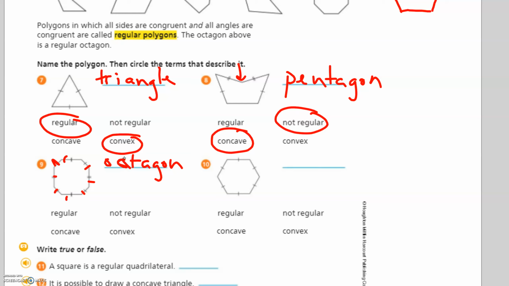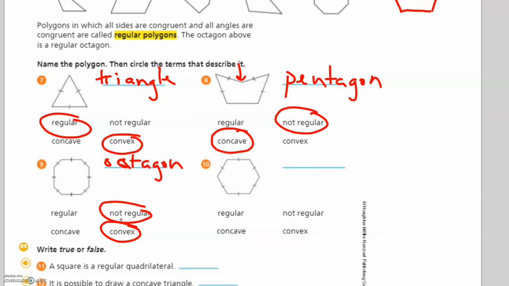And is it regular or not regular? I marked it all up. Let me erase my little marks here for you. There we go. Again, it's hard to tell on this, but they're showing us that there's 2 little hash marks on those. So it is not regular. And it's going to be convex because there are no real indentations in it. No caves to it.